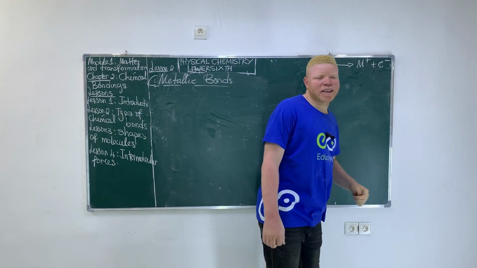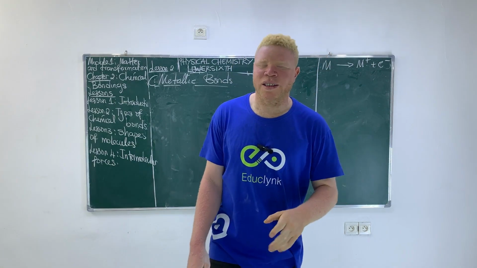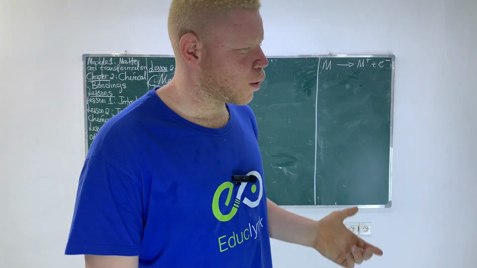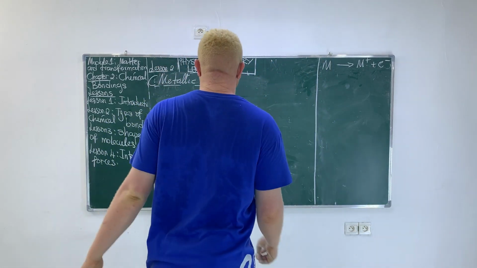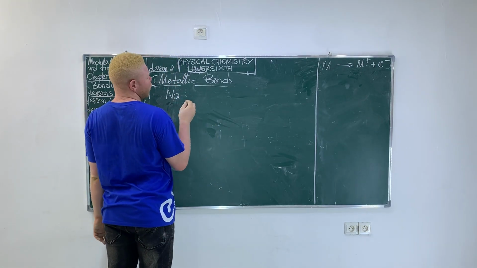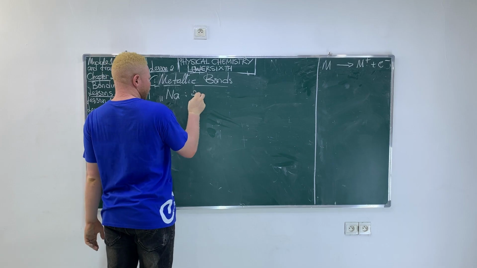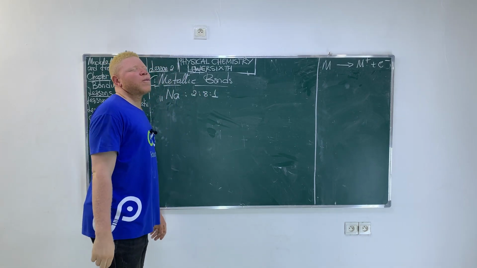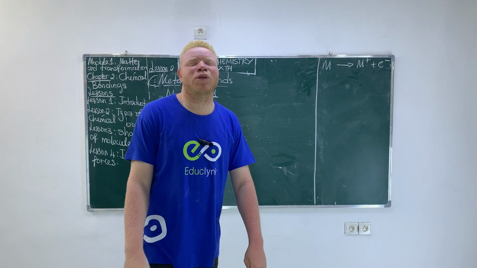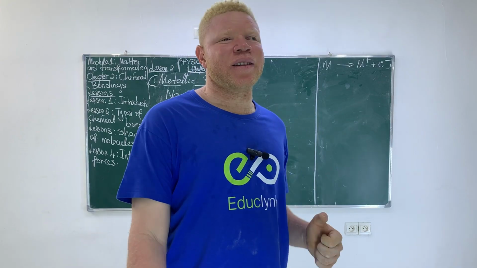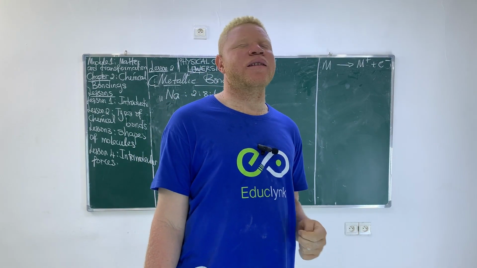So let's take a typical example, like sodium. Sodium's electronic configuration is 2, 8, 1. The sodium atom has one electron in the outermost shell, so the one electron will be delocalized in the metallic crystal lattice.